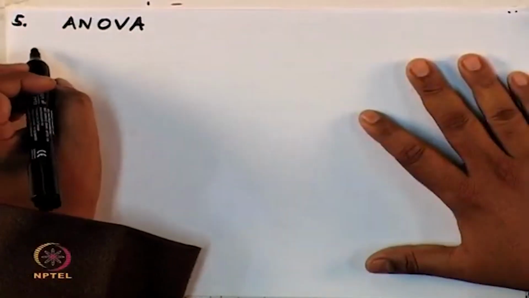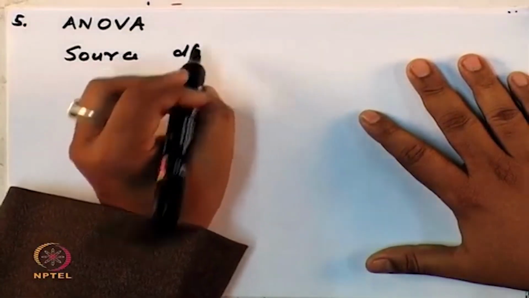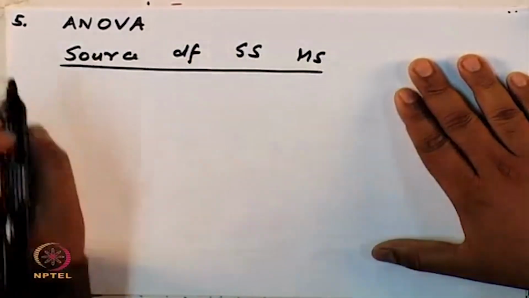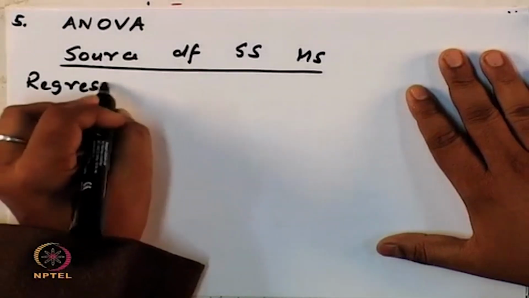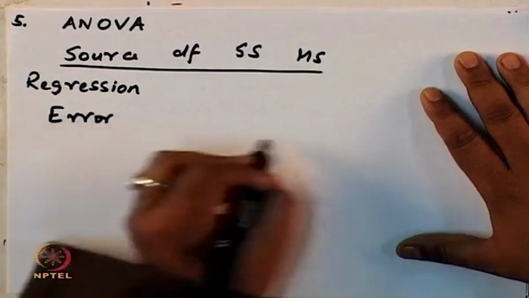So, if I write down the ANOVA table, okay, your ANOVA table should look something like this. Okay. Source, degree of freedom, SS and MS. Your source is regression and error, the two components of the total.